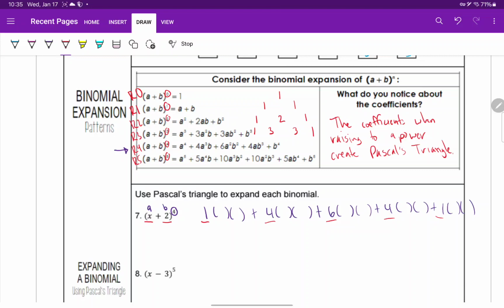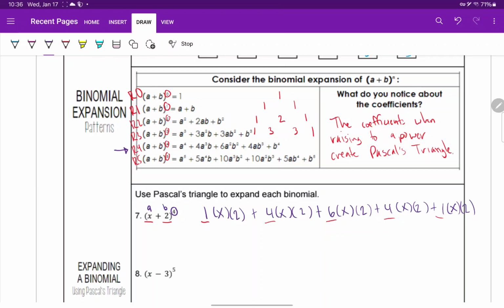The first one's going to be x, because that's my A, and my second one's going to be 2, because that's my B. We're going to put x and 2 in each one. All right, so we have x and 2 for each one.